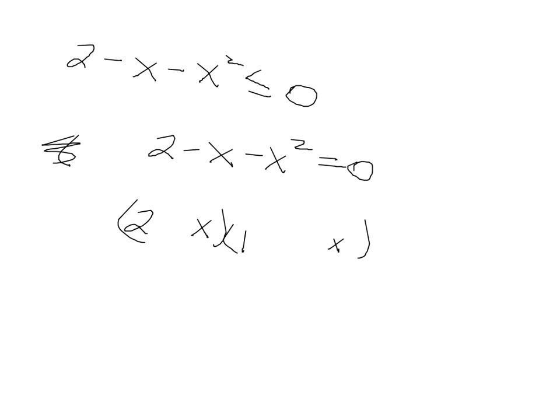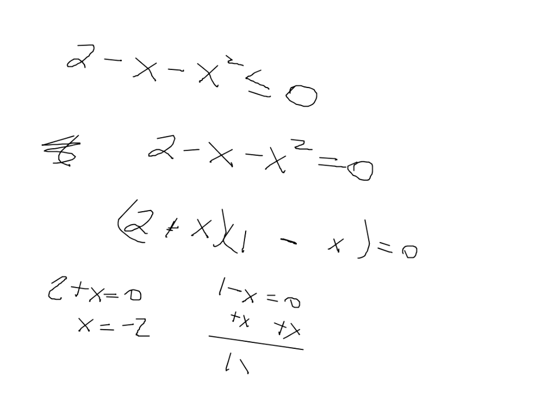Now I want to arrange this where the larger value is negative. So when I take 2 times x, that needs to be negative, and this one will be positive. Equals 0. So 2 plus x equals 0 means that x equals minus 2. And 1 minus x equals 0 means that x is equal to 1.